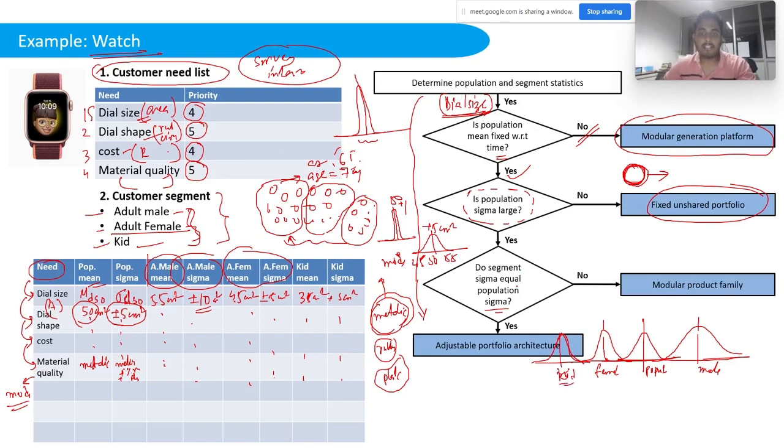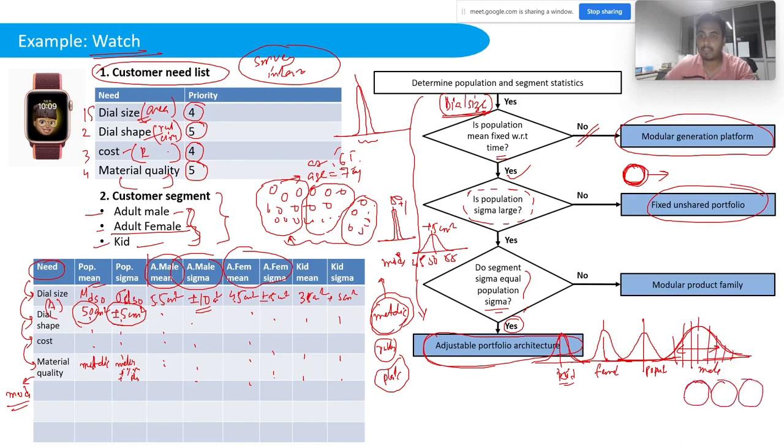What you need to check here is whether the segment sigma is equal to the population sigma. So you need to go one by one for each segment. For male, the variance is more than the population sigma. That means you need to go for adjustable portfolio architecture. That means in order to address different male populations, you need to provide different dial sizes.